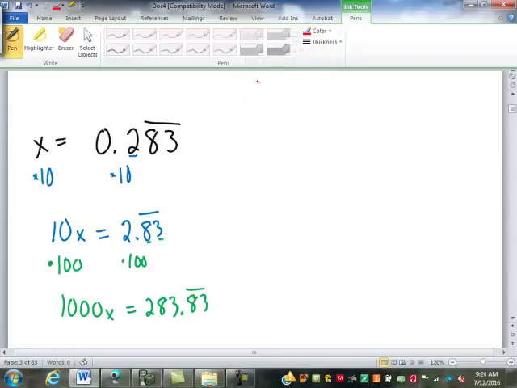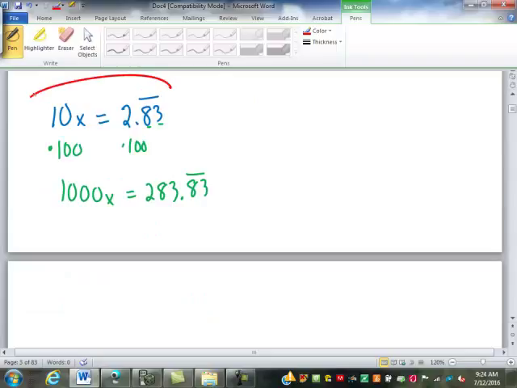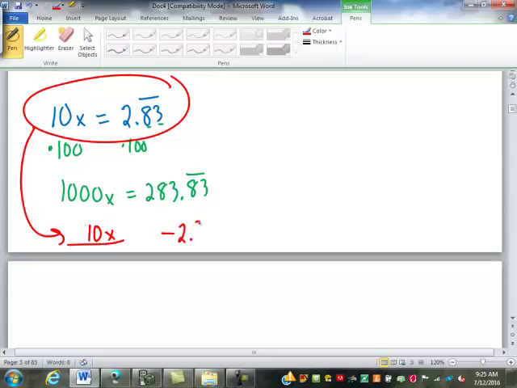Then what? We're going to subtract this one up here. So subtract 10x. And over here what we're subtracting is 2.83 repeating. So 1,000 minus 10 is 990x.